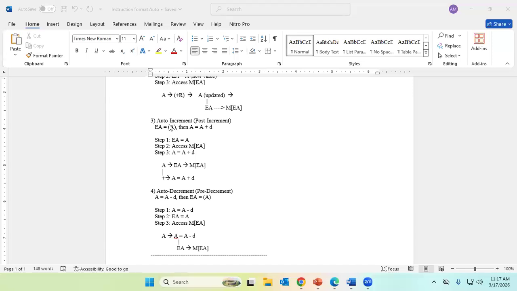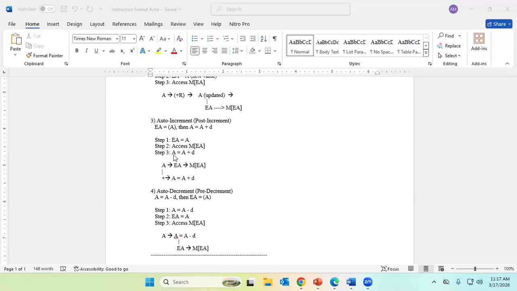Access A. You see these parentheses always mean memory location at A. So memory at EA. Where do you place that? In A. Then you add the new value with the D, which is the increment. Whatever the increment is, this can be any integer, I mean.